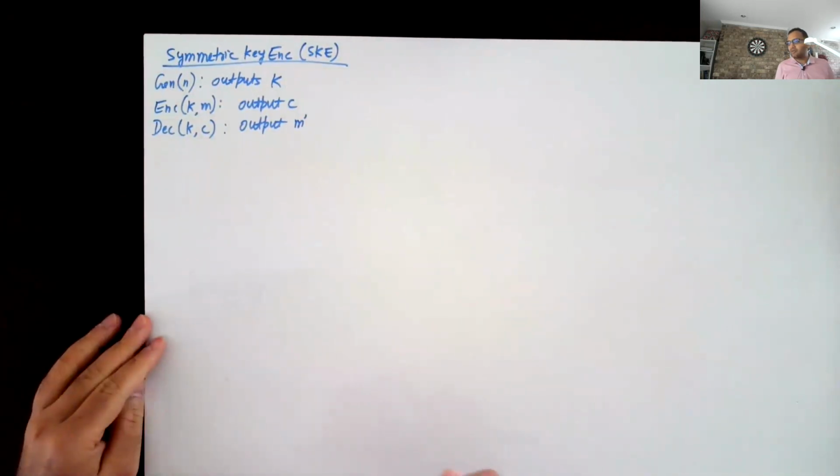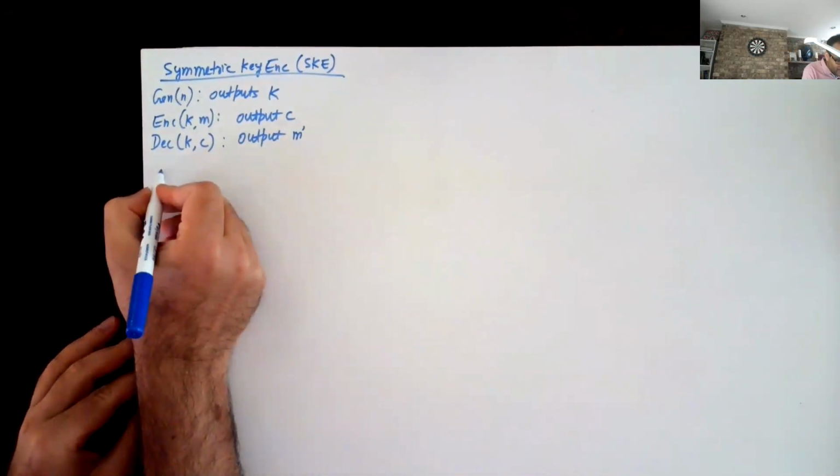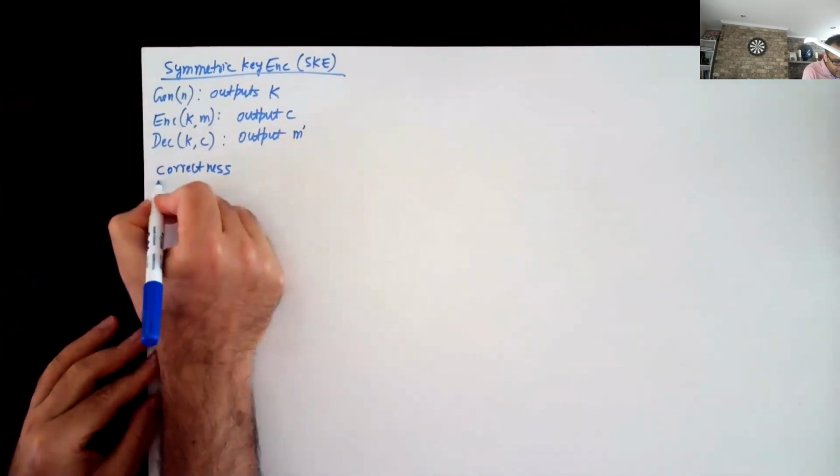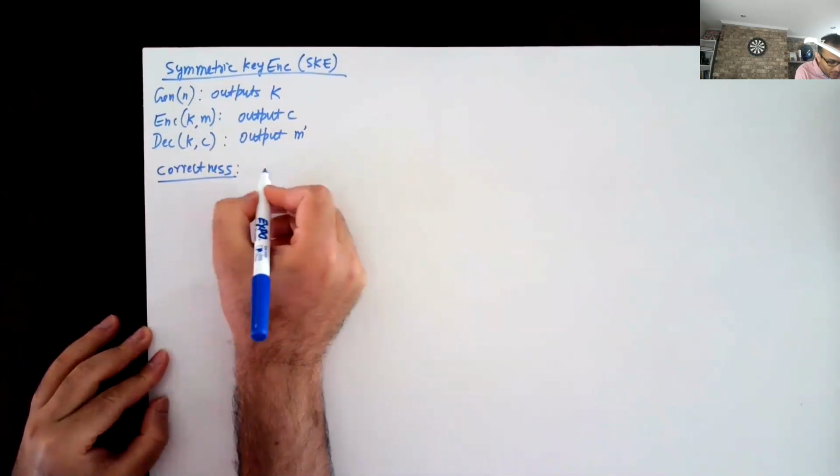So here we want to say the following. Correctness property is what you would expect.